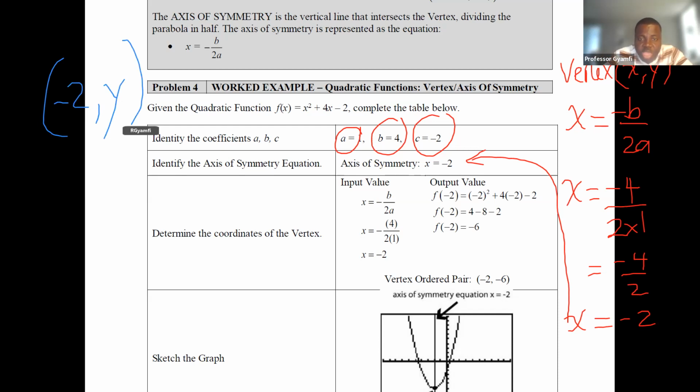How do I find my y? I'm going to put negative 2 into the function for x. I'm going to switch and do that on the whiteboard, and I'll come back to this.